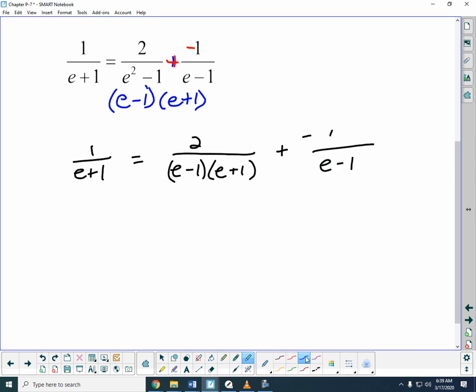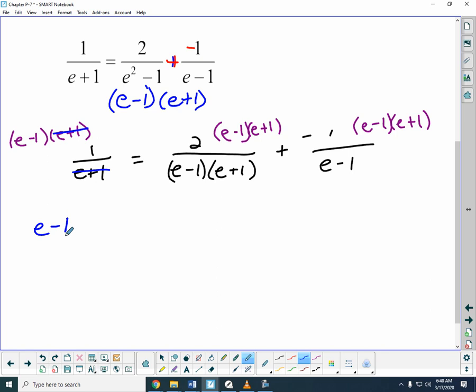Multiply both sides by that common denominator, which is e minus 1 times e plus 1. Multiply this by e minus 1, e plus 1. And then I'm going to cancel out, or simplify, distribute the 1, which gets me e minus 1, equals, the e minus 1's cancel and the e plus 1's cancel.